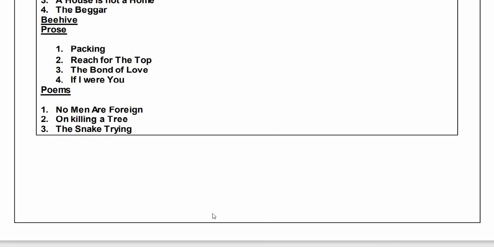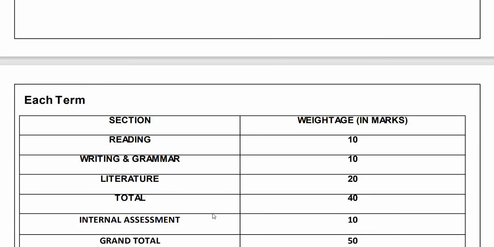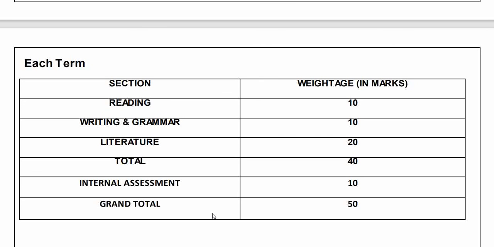Now let us have a look at the weightage. The weightage for each term, that is term 1 and term 2, remains 50% and 50% in total.